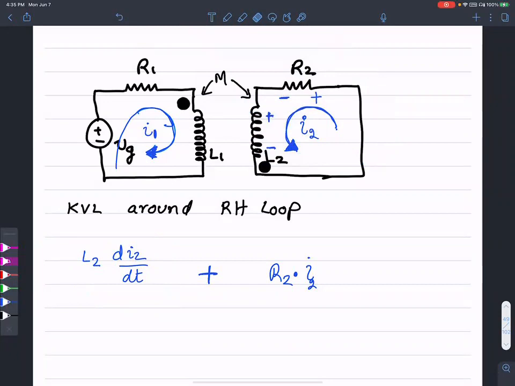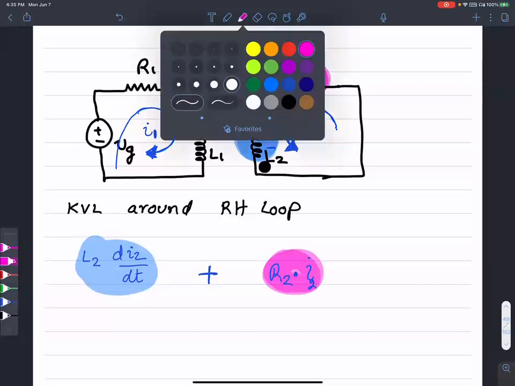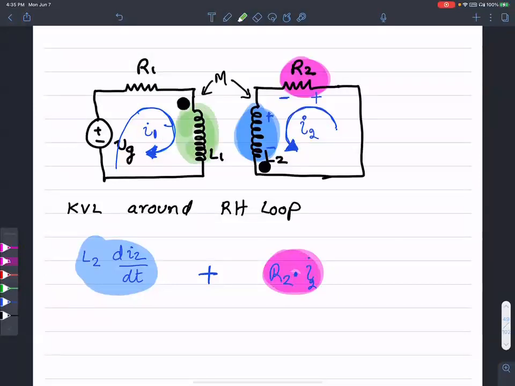But let's not forget the third voltage drop. The first voltage drop is coming from the self-inductance right there. The second voltage drop is coming from this R2, the voltage dropped in the resistance. But then remember the magnetic field of this inductor through this mutual inductance actually induces some voltage drop in the other.